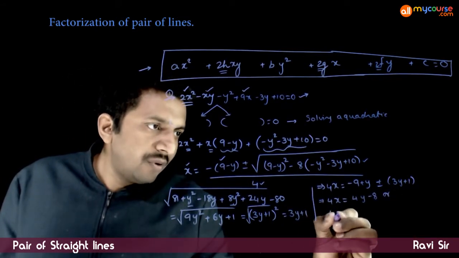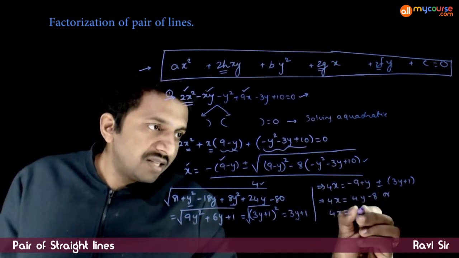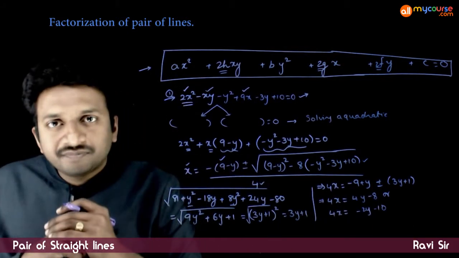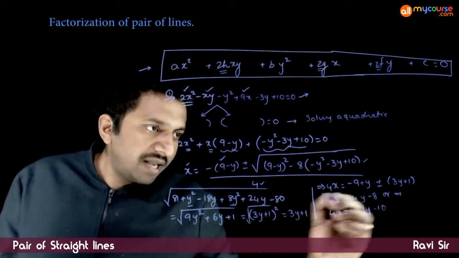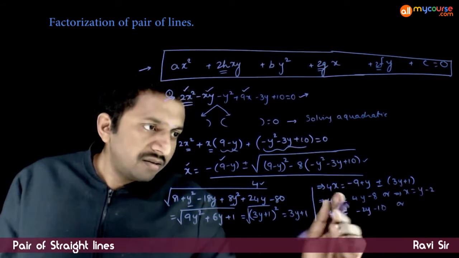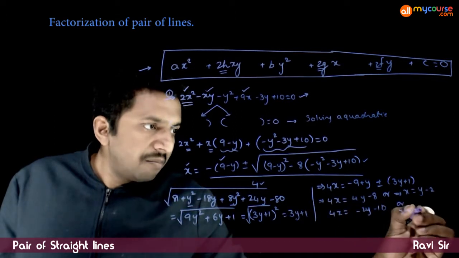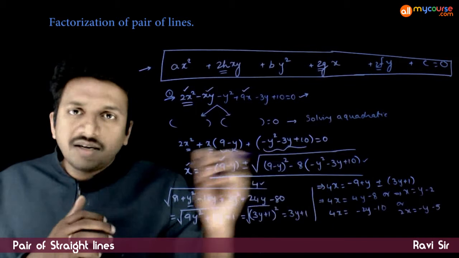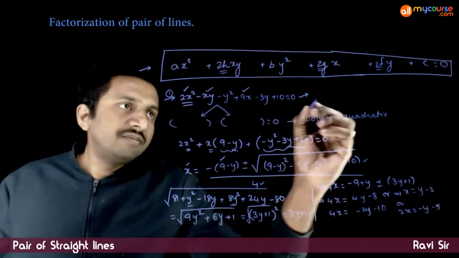Or if you take a minus, y minus 3y is minus 2y, minus 9 minus 1 is minus 10. So if you cut a 4, you get x is equal to y minus 2, or if you cut a 2, 2x is equal to minus y minus 5. So these are the two lines that make this pair of lines.